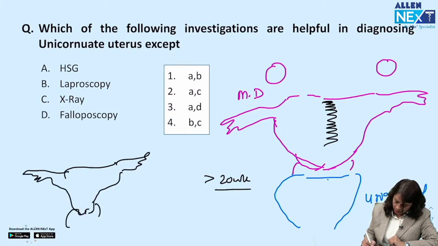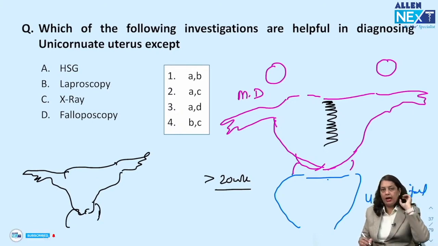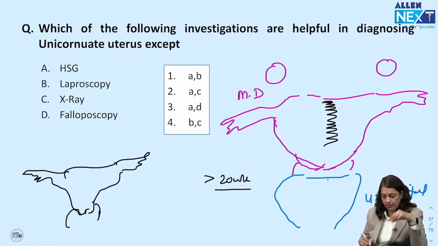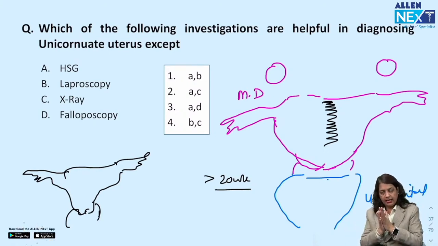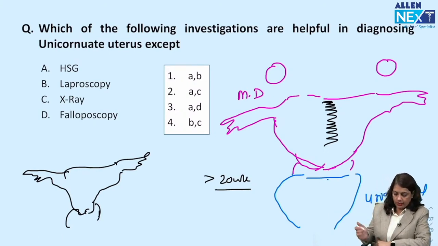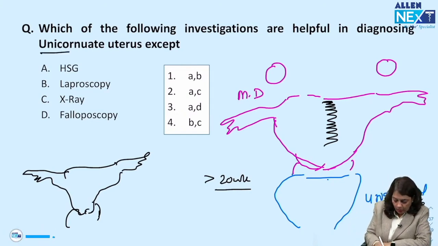ठीक है. So by 20 weeks vaginal canalization takes place and cervical septum, uterine septum is resolved. When there is any defect that leads to Mullerian duct anomalies, so unicornuate uterus is one of the uterine anomalies.